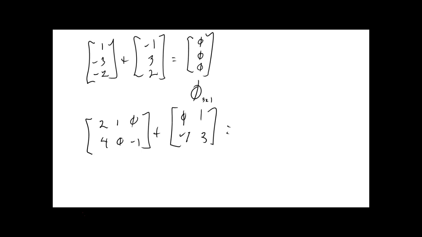Not 0, nothing. It means it's undefined. You cannot add matrices of different size. What size is this one? 2 by 3, and this is a 2 by 2. You cannot add those. Cannot at all. Okay? Not defined. Or is undefined.